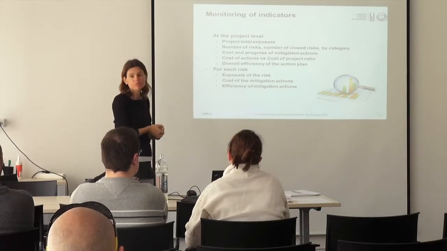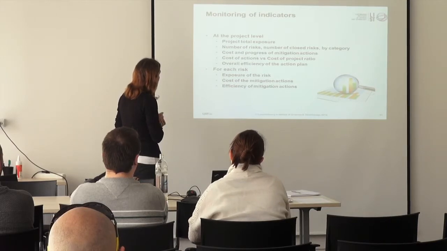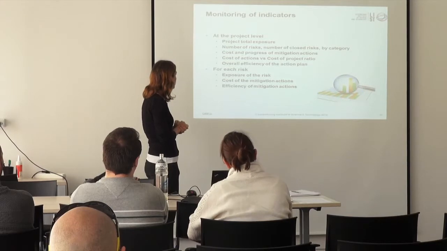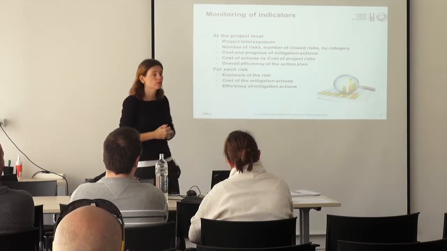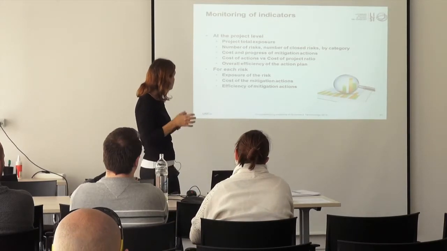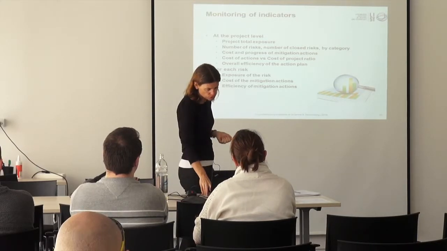Giving some figures and facts is always a good way of justifying. If you have some figures about the efficiency of the action plan, and for each risk, having the single exposure to risk, efficiency and cost of the mitigation action, if you can measure all these.